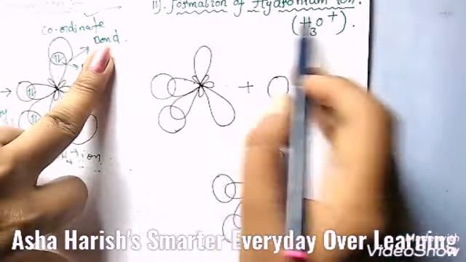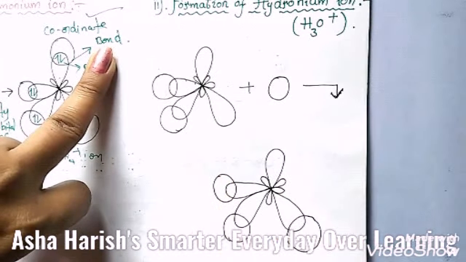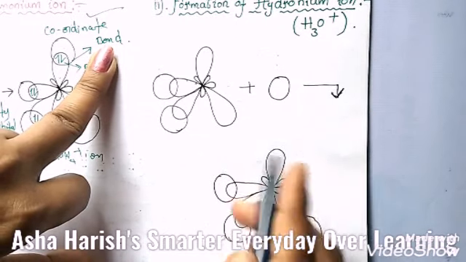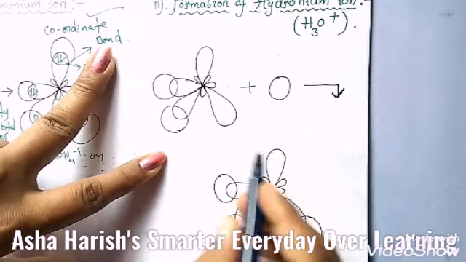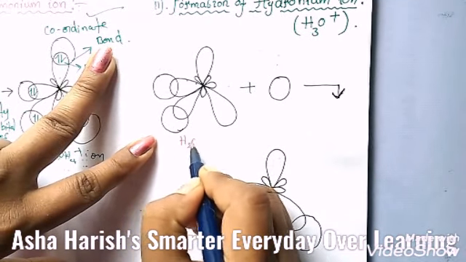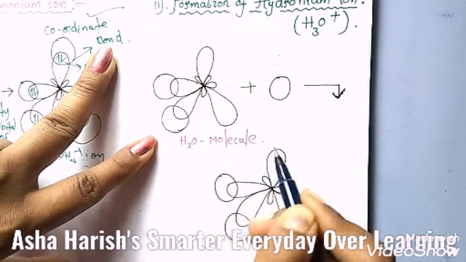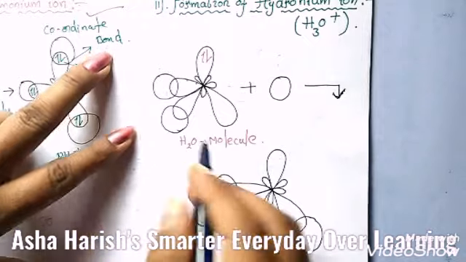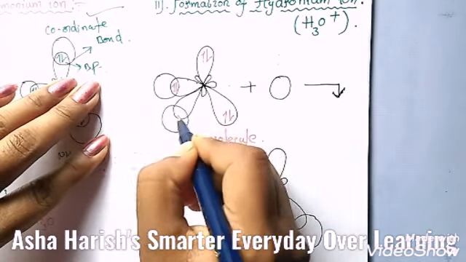Here, the oxygen atom in the H2O molecule still contains two sp3 hybrid orbitals, each containing a lone pair of electrons. Let's see how it will be. This is the H2O molecule having one pair of electrons here, and here another pair of electrons.